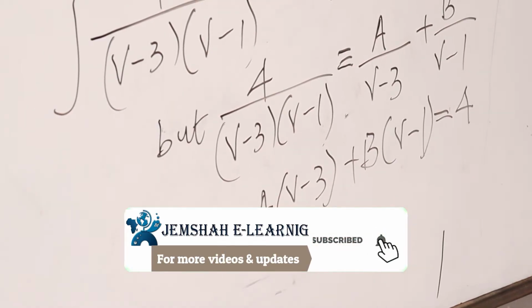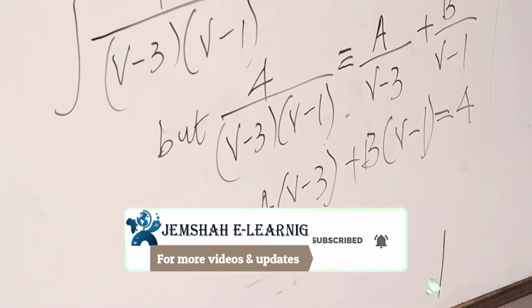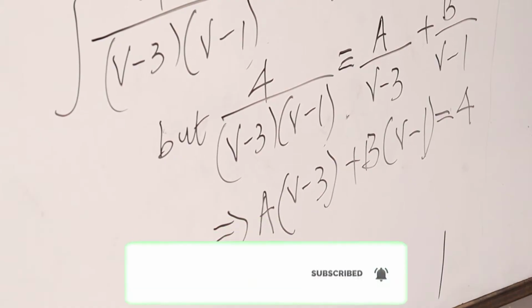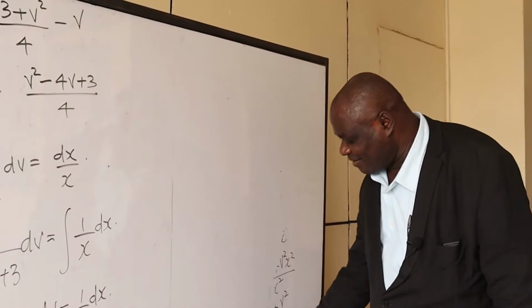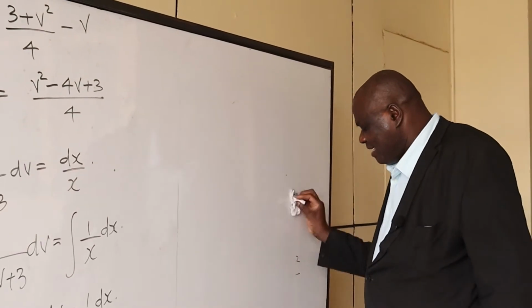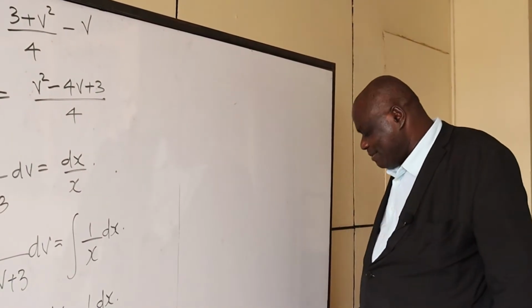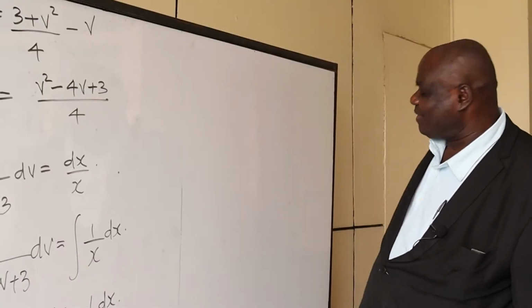When we equate like that, we should now find the values of A and B. There are many methods of getting values of A and B, but we can use the simplest method of doing so.